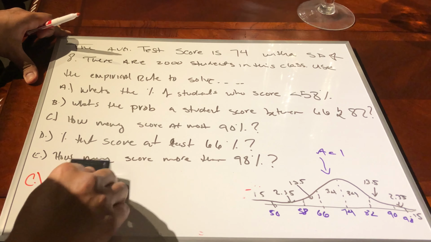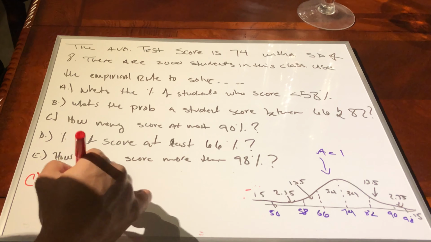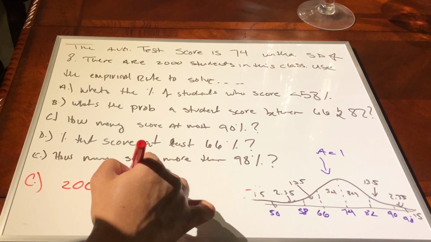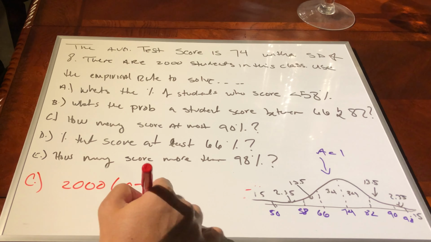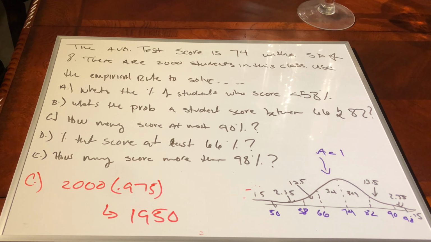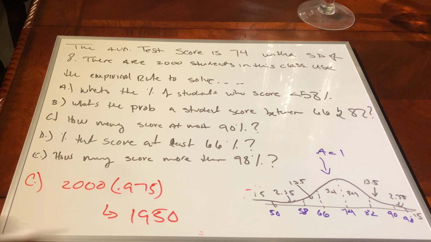So 2,000 times 0.975, and yes, you do get 1,950 students scored at most 90% on the exam.